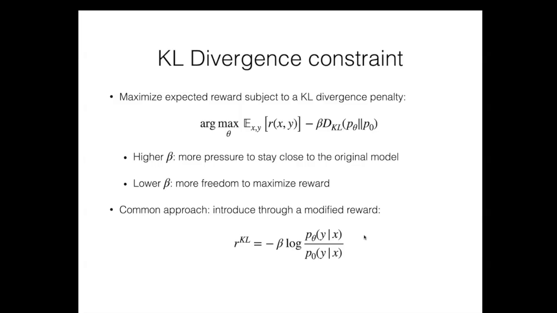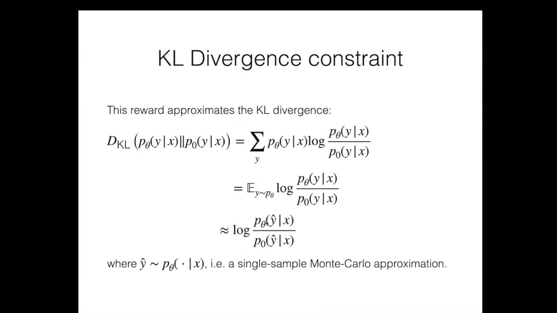So one common way this is done is through this reward function. And if you go through this derivation on this slide, you can justify this and show that it corresponds to a KL divergence between the model that you have at the beginning of training and the one that you have at the end of training.